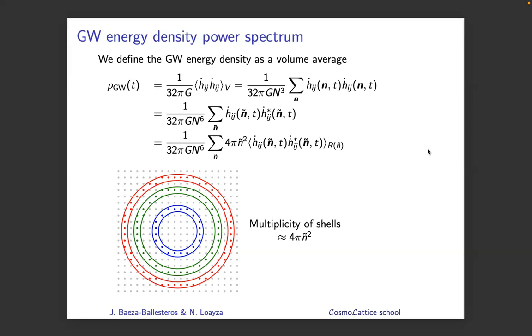Nowadays people could have realized this a long time ago. But when people develop things, you always build up these kinds of things until you realize you can do better. In the case of the gravitational wave spectrum, for many years, I'm afraid, many papers have used the 4π counting, because we were just thinking, as Nico said, how to mimic the continuum.